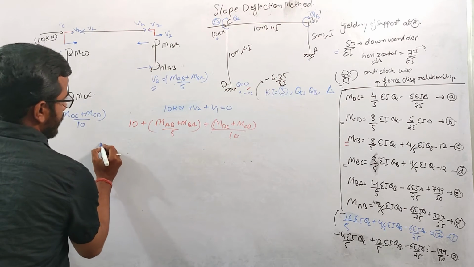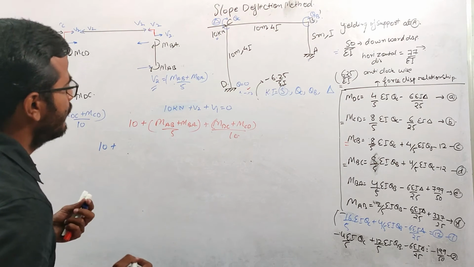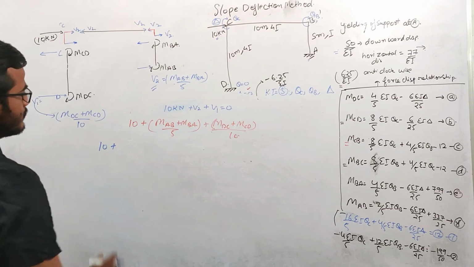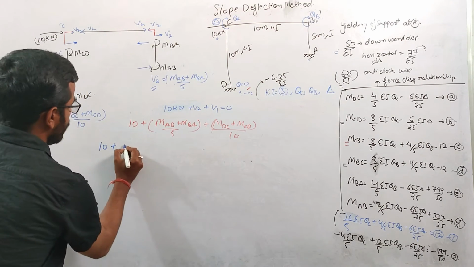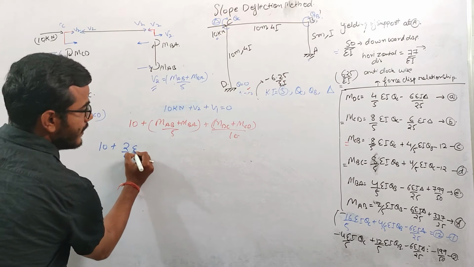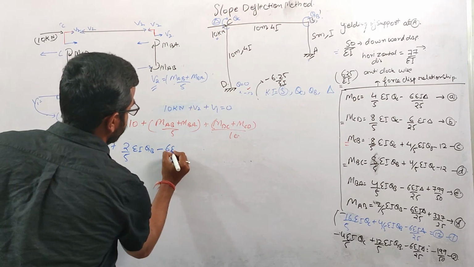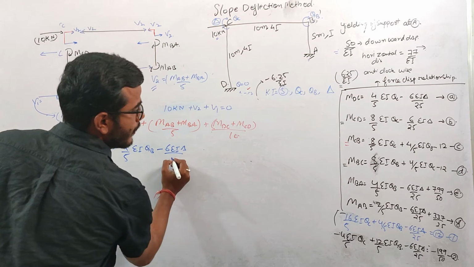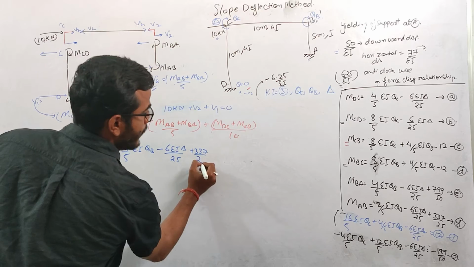So this is 10 plus, what is the value of, first you can say that MAB. MAB value is 2 over 5 EI theta B minus 6 EI delta over 25 plus 337 over 25.